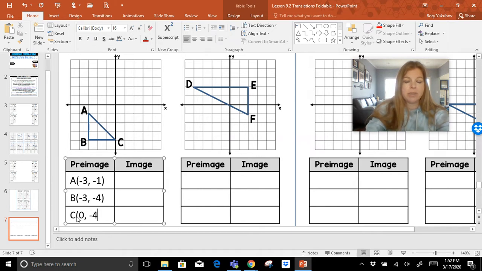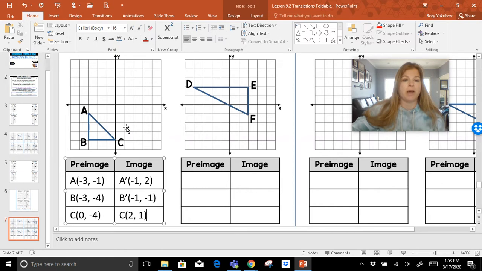If I wanted to undergo a transformation of 2, 3, that would mean each point gets moved to the right 2 units and then gets moved up 3 units. That would mean I'd add 2 onto my X value and add 3 onto my Y value. Same thing for each point: add 2 to the X value, add 3 to my Y value.